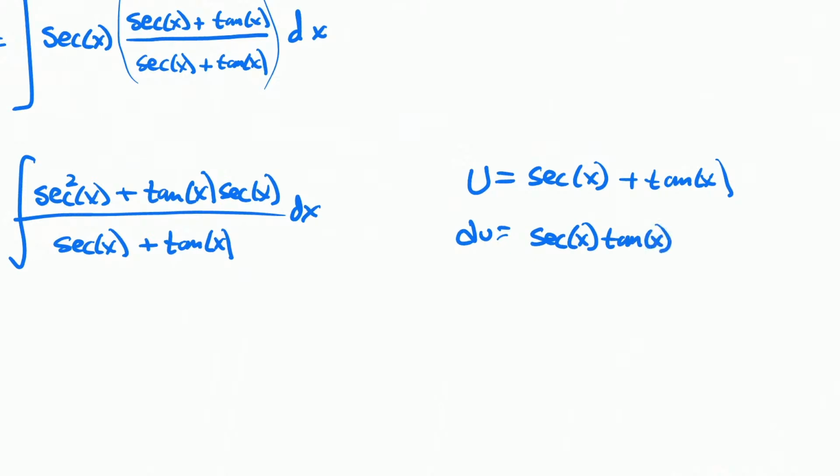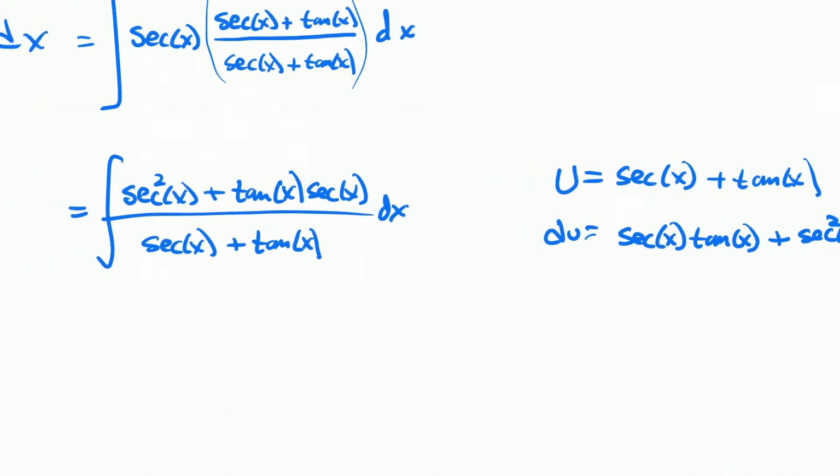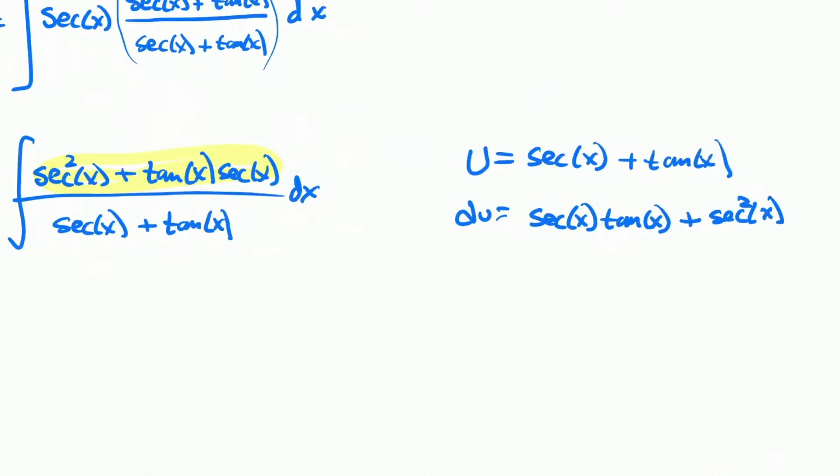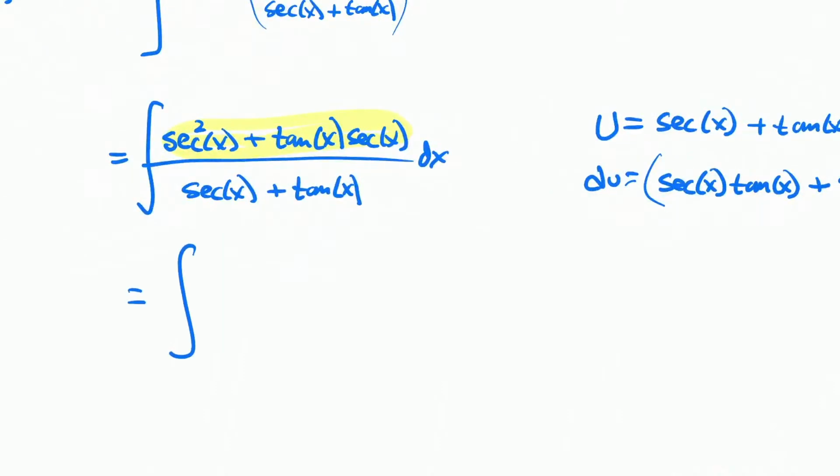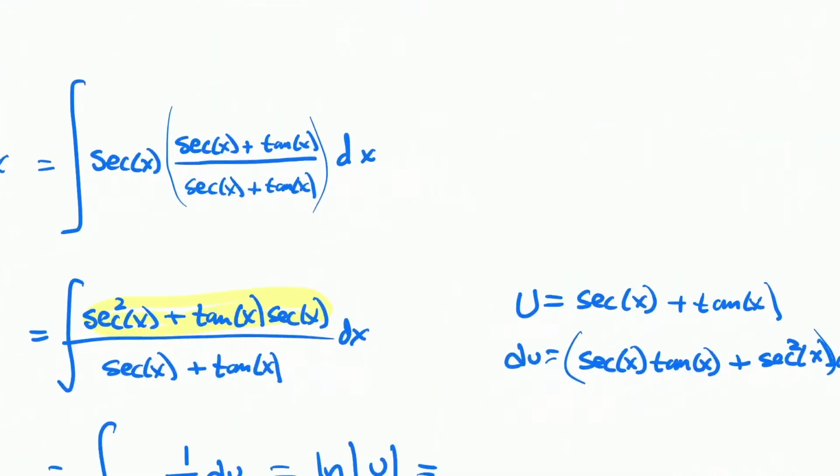And what's the derivative of tangent? It's secant squared. Amazing. Isn't it magical? That is du. So this ends up equaling 1 over u du, which is just the natural log. And so the antiderivative, I'll write it up.